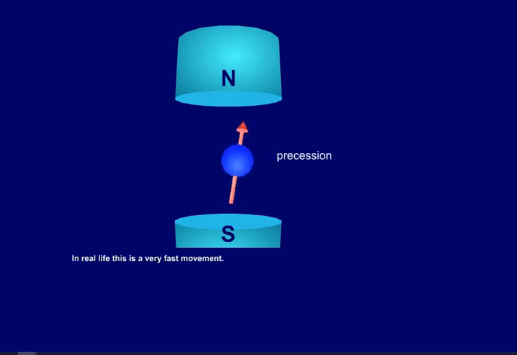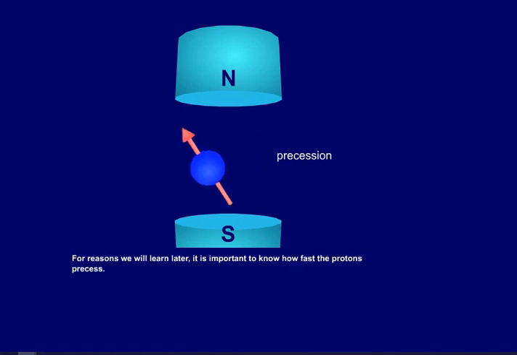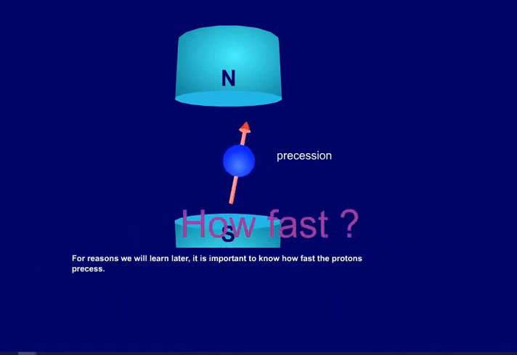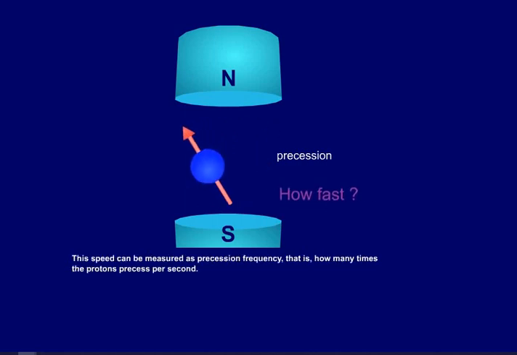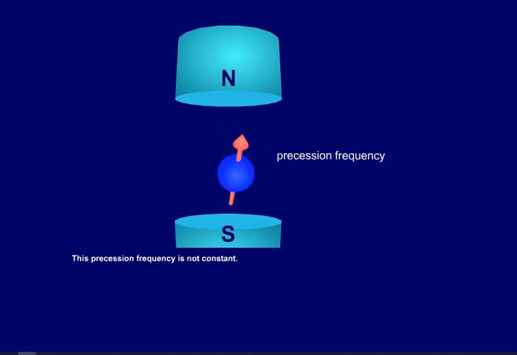In real life, this is a very fast movement. For reasons we will learn later, it's important to know how fast the protons precess. This speed can be measured as precession frequency, that is, how many times the protons precess per second. This precession frequency is not constant.